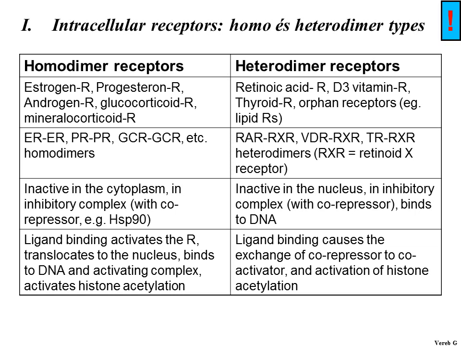The other category of intercellular receptors belong to the heterodimeric group, and there's not many that we have to remember here. We have mentioned vitamin D3 and the thyroid hormone, and the receptors for these belong to this group, and also the receptor for retinoic acid. The fourth group that belongs here is the group of orphan receptors.